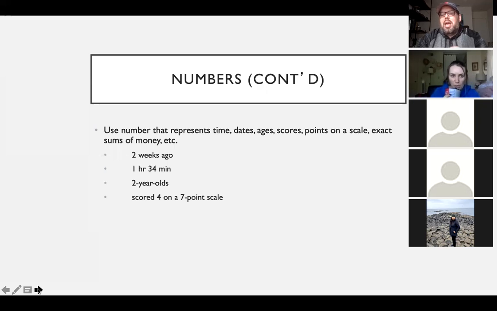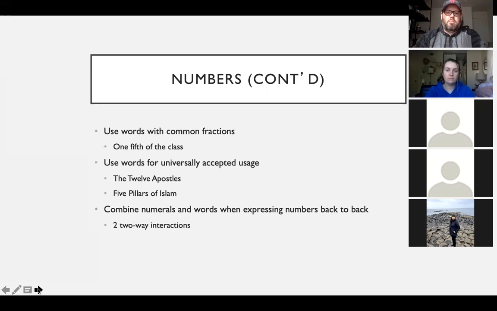If we're talking about the age of students that we may be working with, if we're talking about 2-year-olds, then we would write the numerical number 2, then hyphen year, and then hyphen olds. And again, if we're thinking about a Likert scale where we have 7 points on the scale, then we might say that they scored 4 on a 7-point scale. Those are points, and so they are written numerically.